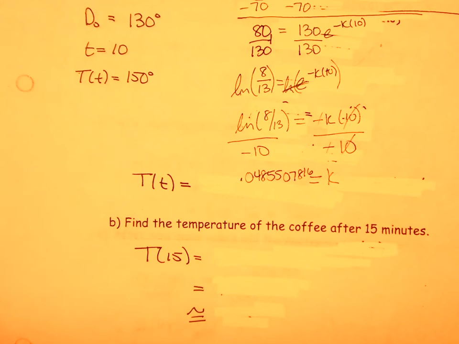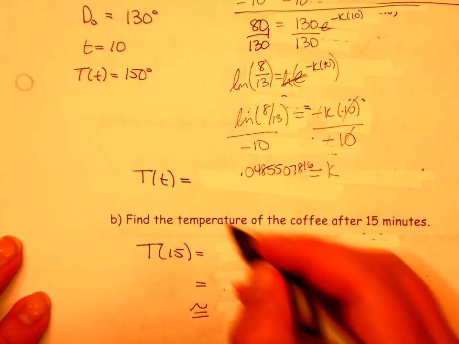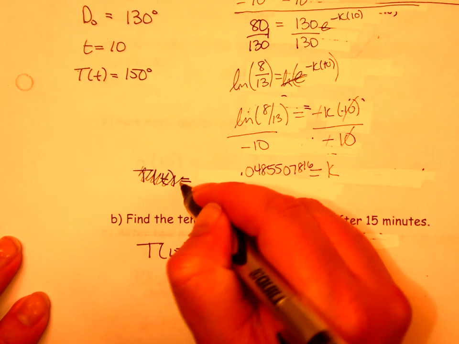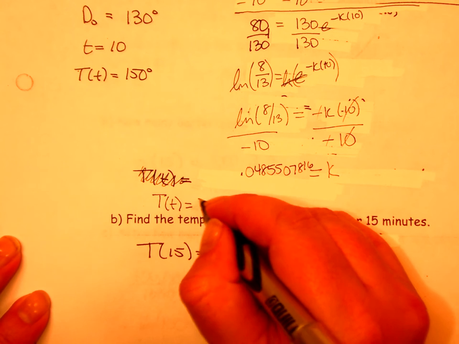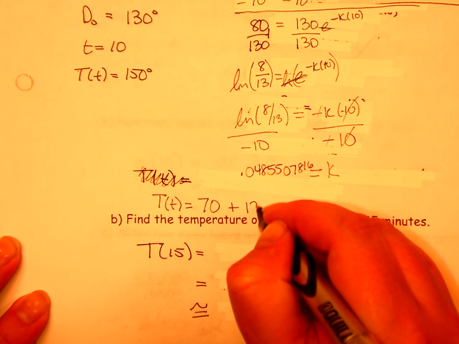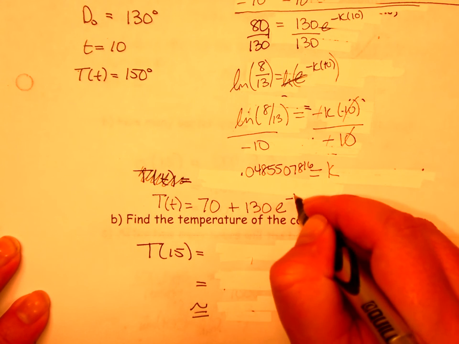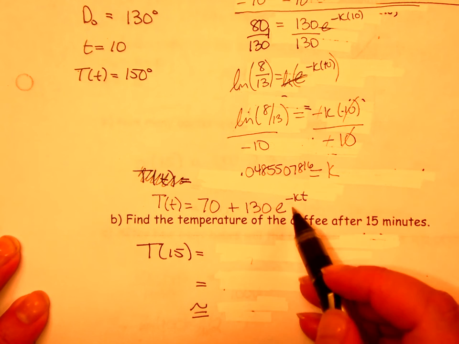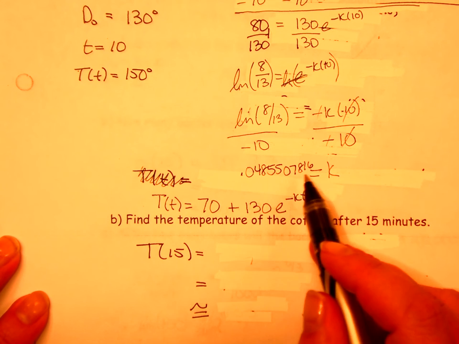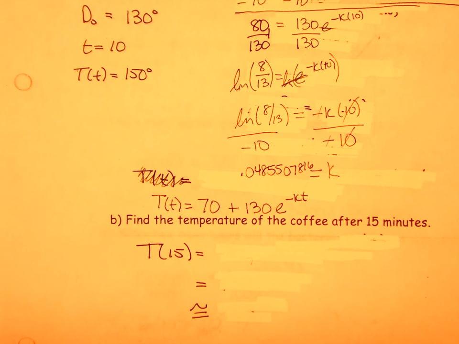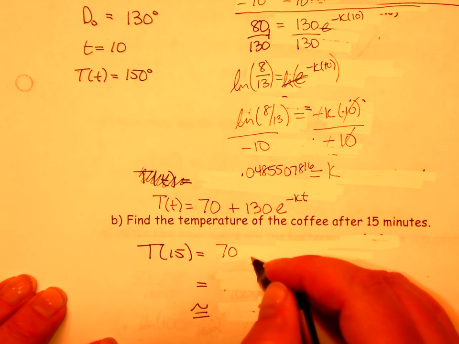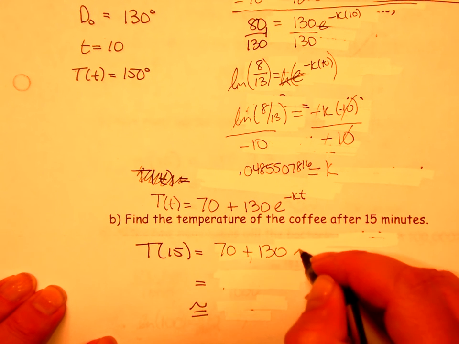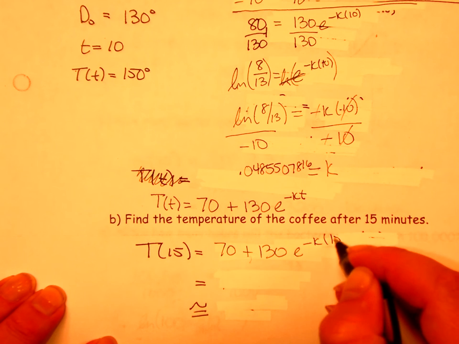All right. So in general, we have a function now for our temperature. It's going to be the temperature of the surrounding plus the temperature difference, e to the negative k times t. And I'm just going to leave the k there because I've stored k here. All right. So what's the temperature after 15? Well, I just need to plug 15 in for t. So I'm going to do 70 plus 130 e to the negative k times 15.